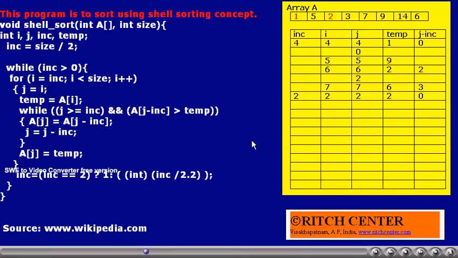That is, the array is divided into subsets of 0, 2, 4, 6, and then 1, 3, 5, 7. The elements at those locations, they will be brought to ascending order by applying the insertion sorting concept.